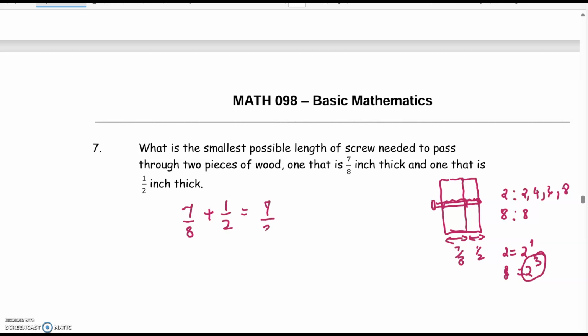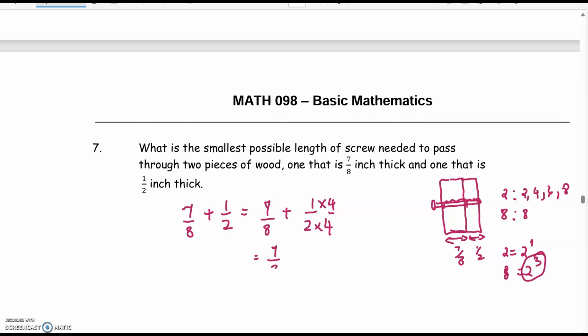So we have 7/8 plus, we have a 1/2, but we need to make the 2 in the denominator equal to an 8. One way we could do it is by multiplying with 4. But if you multiply the denominator with 4, we have to multiply the numerator with 4 because 4/4 is a 1. We want to keep the value the same, right?